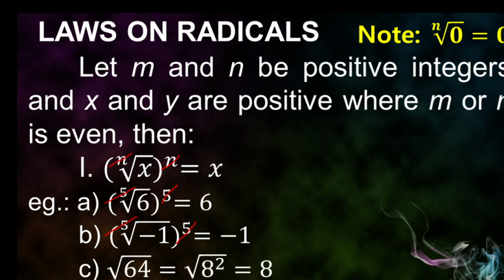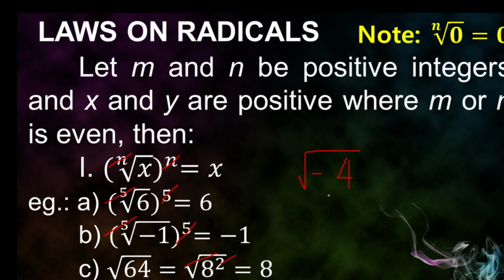Next, we have the square root of 64. Since 64 is a perfect square, we can rewrite the square root of 64 as the square root of 8 squared. That makes the index and the exponent equal to 1. So therefore, we have 8.